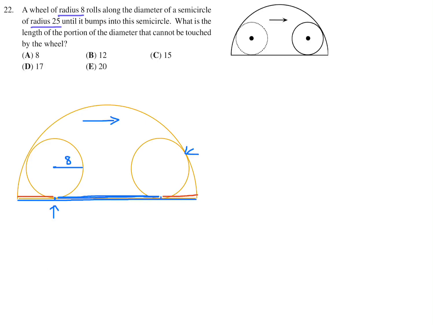So that is what the question is asking. What is the length of the portion of the diameter of the big semicircle that cannot be touched by the wheel? So therefore we'll call that red region X. And we'll call the blue region, we can call it Y. All right, so that's what the question is asking us, and we can, of course, move forward with that.